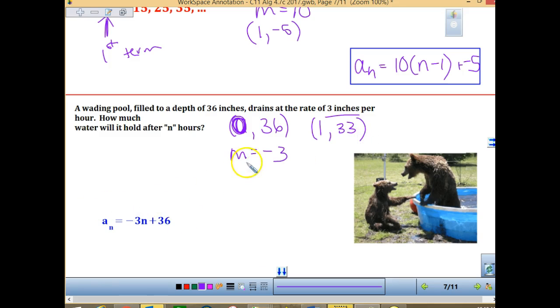So this is our 0, 1. This would be our equation: y equals negative 3 times n minus 1 plus 33. This is going to be my 0 term. 0 term, 36. First one, 33. My fault I had the 1 up there to start with.